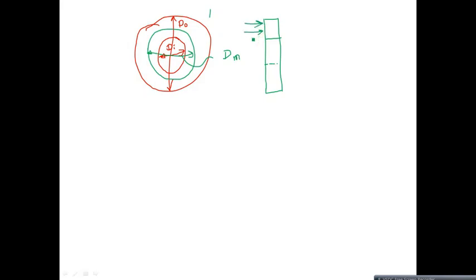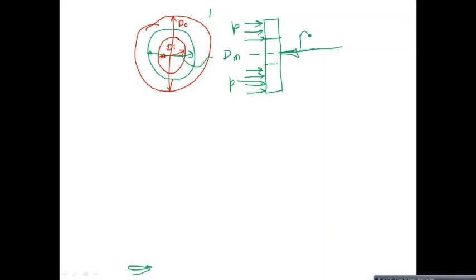Now, as per the uniform pressure theory, the pressure which is exerted on this friction material is of the same intensity. That is, if we consider the pressure at the inner diameter as well as the pressure at the outer diameter, it has to be the same.